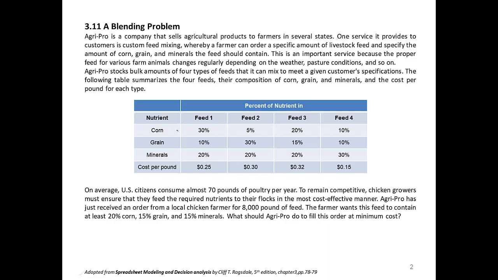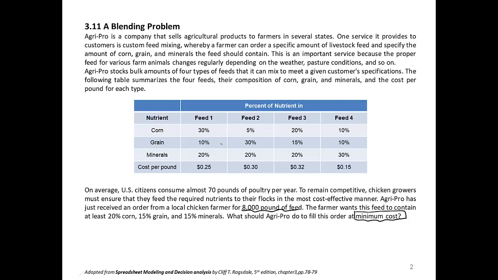So what do you think? What's the objective? Minimize the cost. So he wants to get the right mix that just meets those requirements, but at the minimum cost. Okay, and they ordered 8,000 pounds of them. So the decision variables would be what?